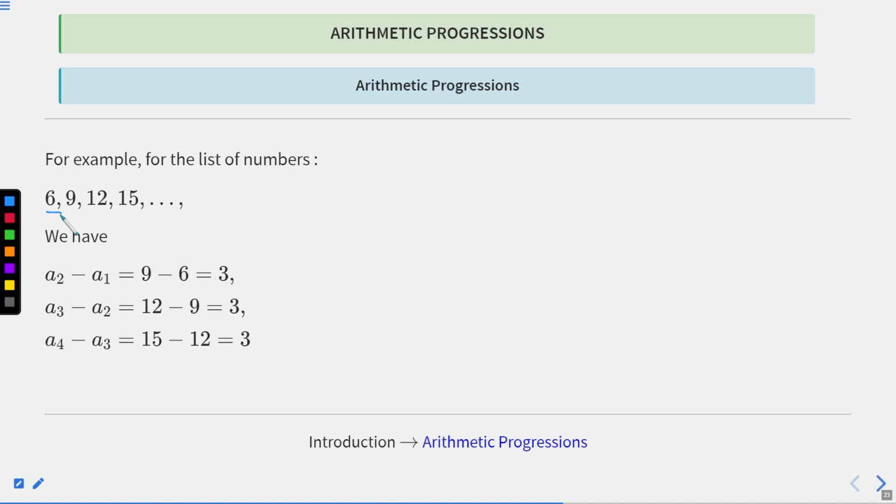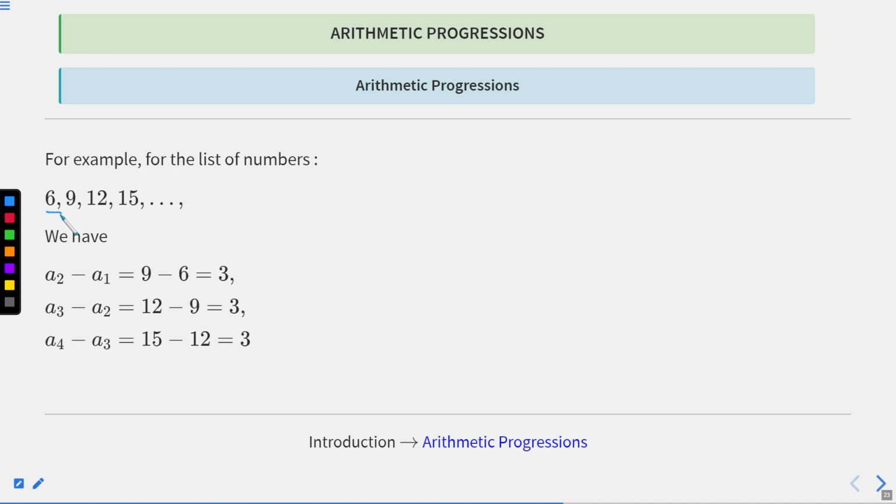Now how can we find D? We subtract a term from its succeeding term: a2 minus a1 is 9 minus 6, which is 3. a3 minus a2 is 12 minus 9, which is 3.